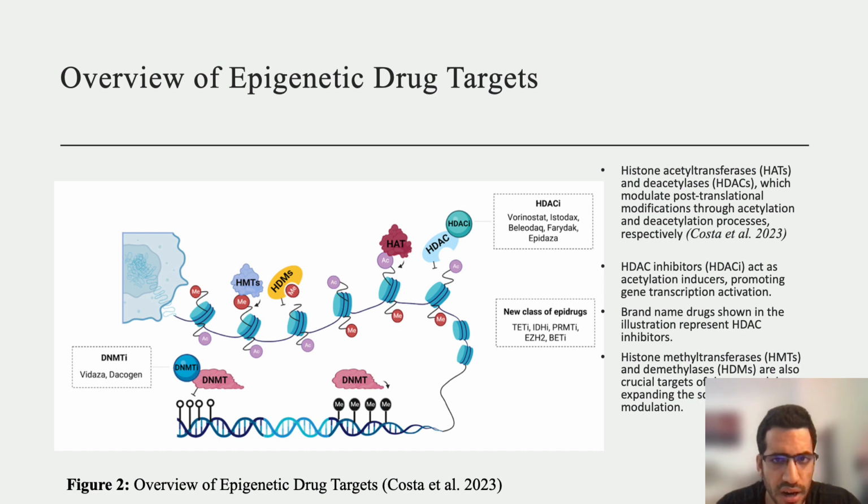These enzymes are acetyltransferases and deacetylases, HATs and HDACs for short. By targeting these enzymes, we inhibit them, and then the acetylation occurs, and we have suppression of the gene, which prevents the genomic instability, therefore cancer development.